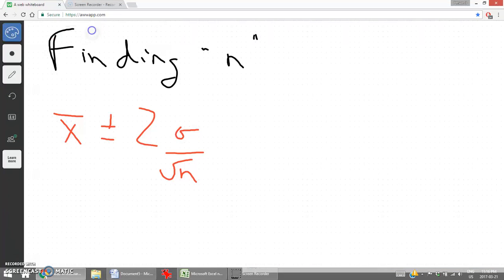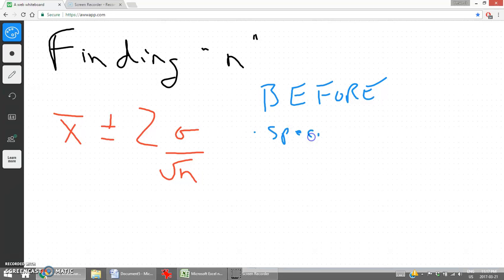Sometimes before we actually start our survey, so this is done before any type of data collection, a research manager or someone in that group will specify a level of error. So they will specify our margin of error.